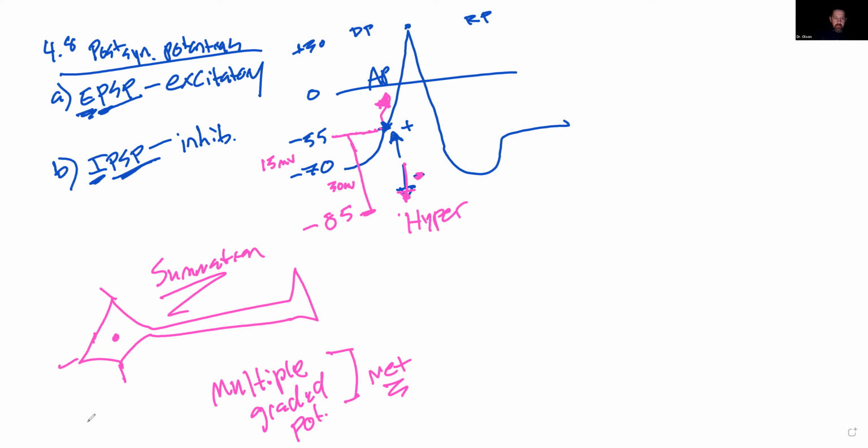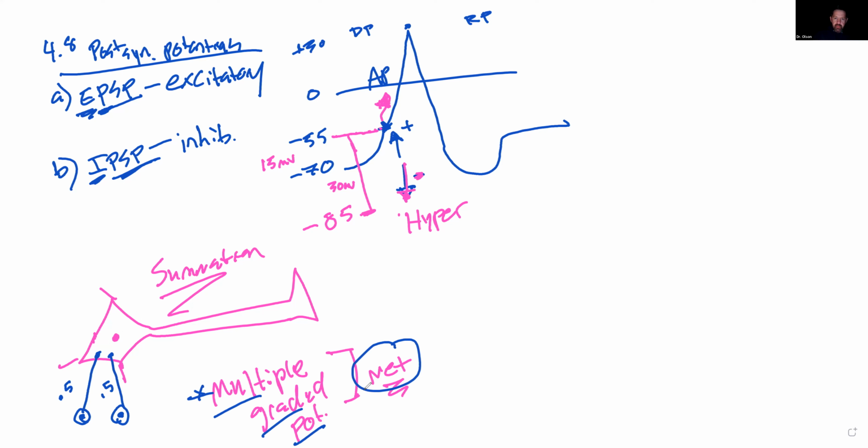So let's say that we have some neurons out here, right? There are some neurons that are sending their axons, and they are communicating with this neuron. Okay, and each one of these is sending, let's say, 0.5 and 0.5, right? So I say that we have a net effect of multiple graded potentials.